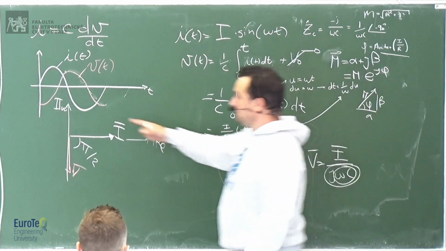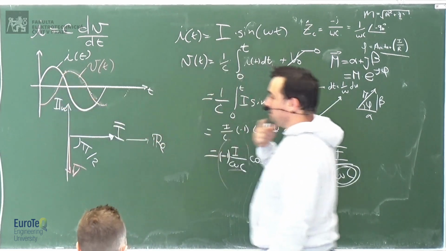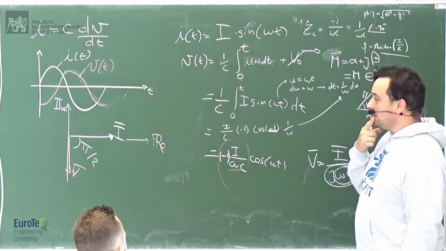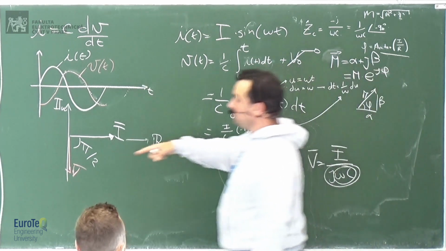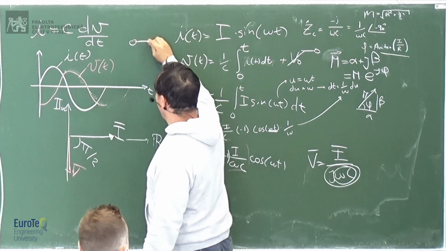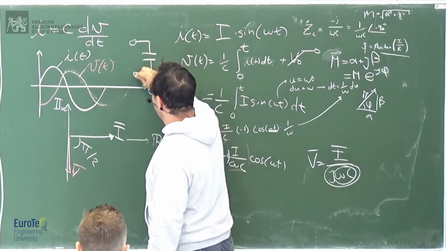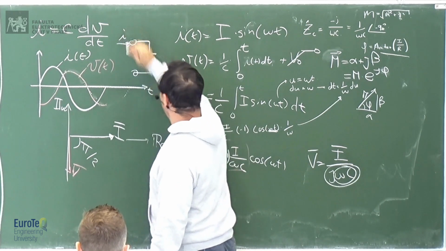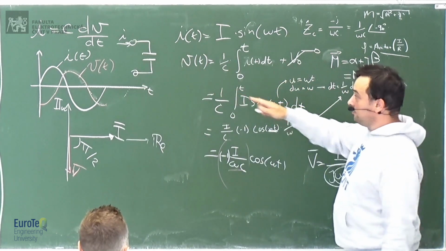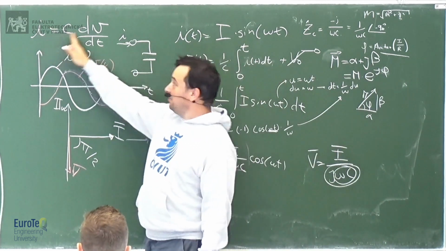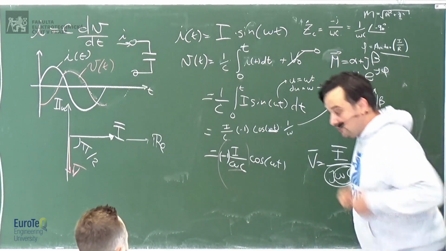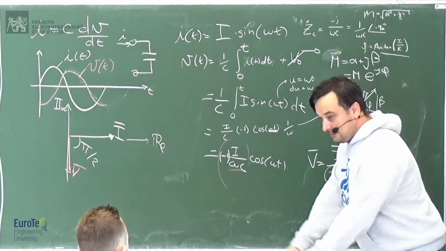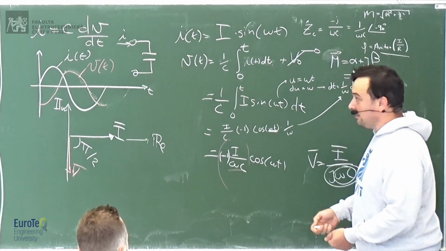Here you have a current, which is positive, right? And what happens when you have a positive current in your capacitor? Remember the equation here. Positive current means that you are building up the voltage. You put some current in, you put some charges, and the voltage increases.